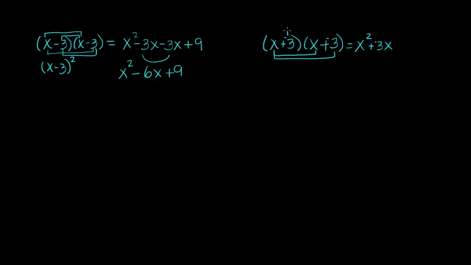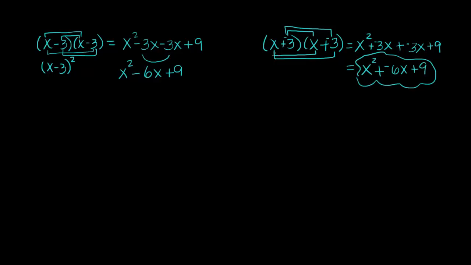And then the inner, which is negative 3 times x, you can write plus negative 3x. And then you have negative 3 times negative 3, and that makes a positive 9 because negative times negative is positive. And then you'll have x squared plus negative 3 plus negative 3, that makes negative 6x plus 9. These two results are identical.